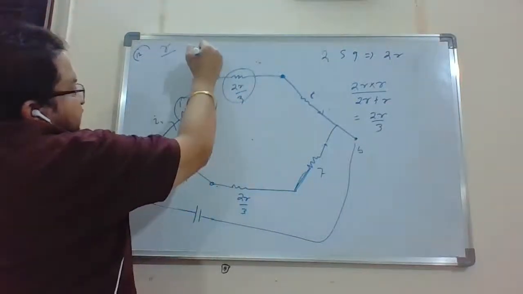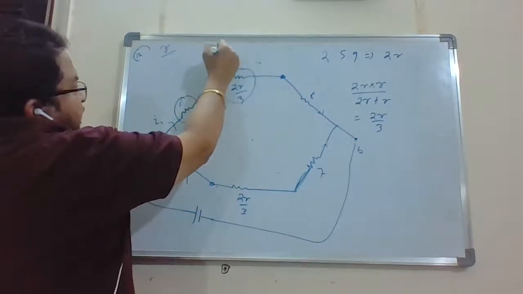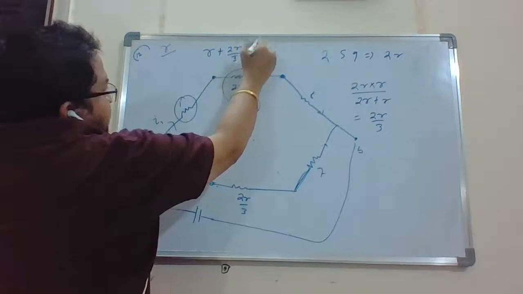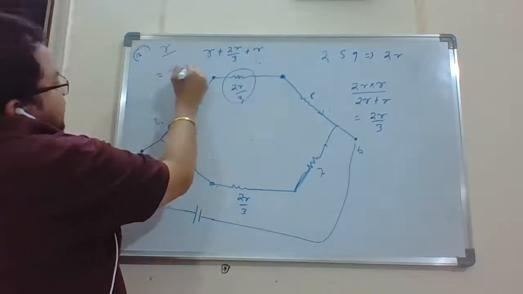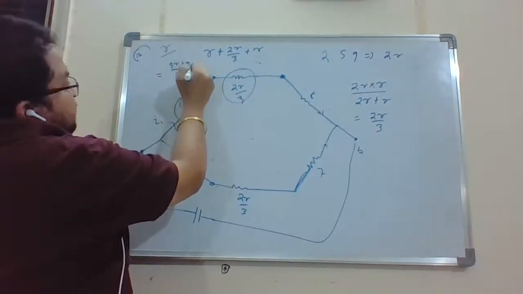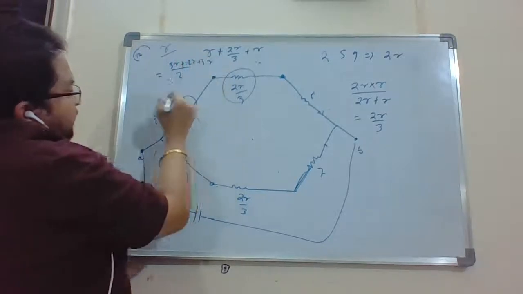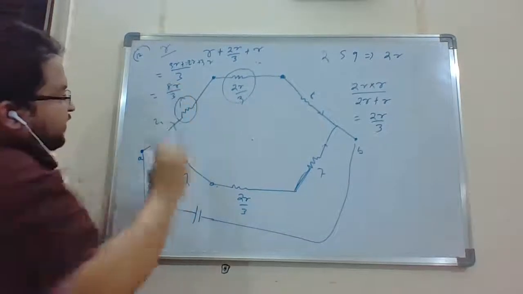They are in series. So this is R plus 2R by 3 plus R, right? Taking 3 as the LCM, this is 3R plus 2R plus 3R, which is nothing but 8R by 3.